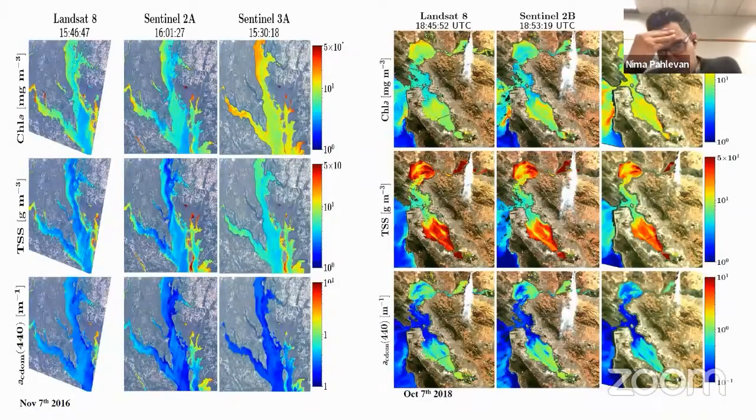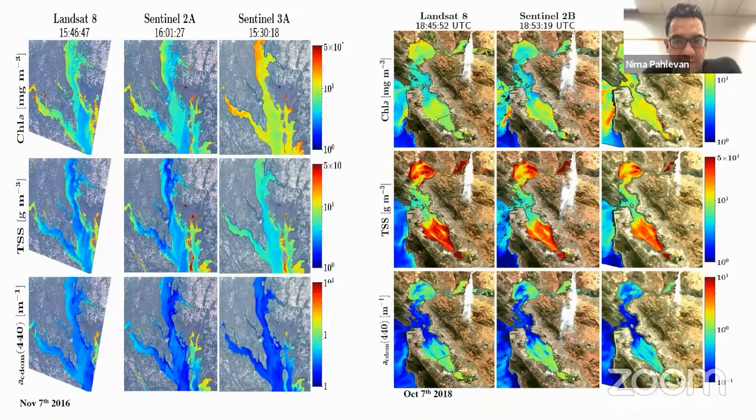So the end goal is to be able to produce maps from these satellite observations. I've already shown a couple to you, but to the right, you're seeing San Francisco Bay observed from Landsat 8, Sentinel-2, and Sentinel-3. And I'll talk about these different missions in a second. But really, the goal is to be able to obtain consistent water quality parameters from these different missions.